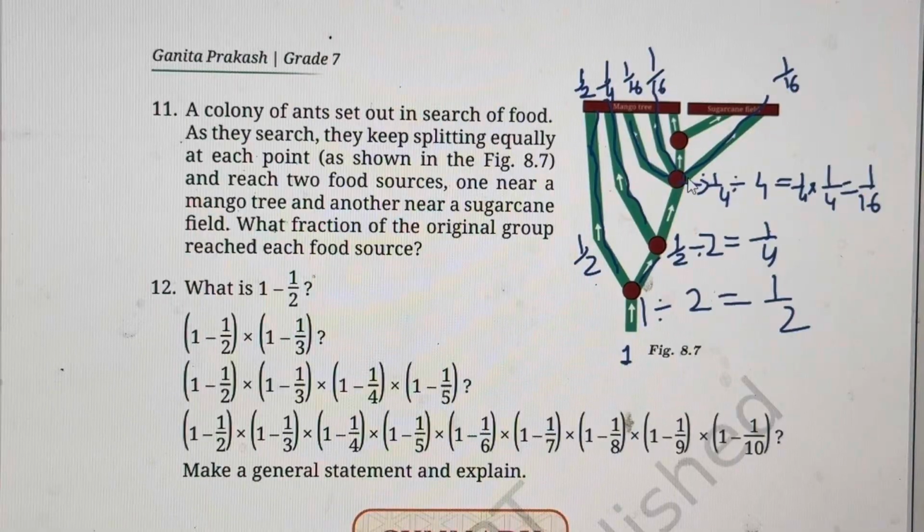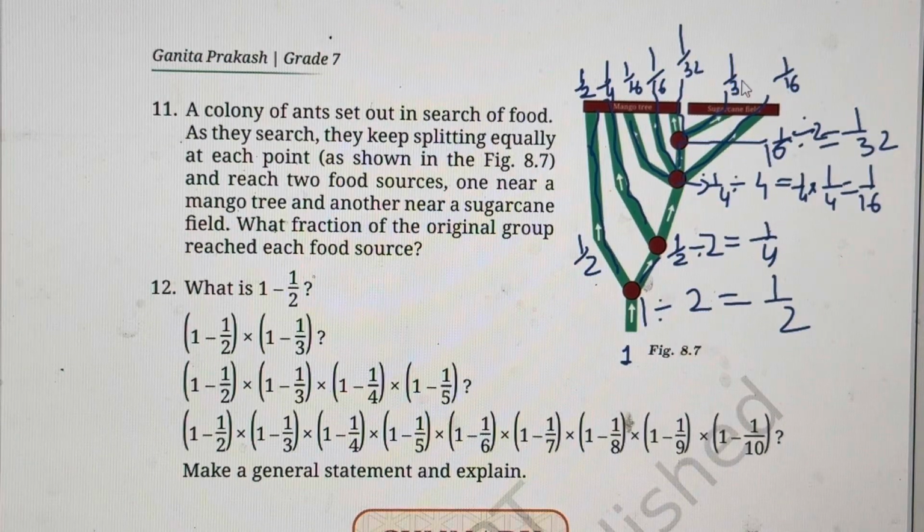Now the remaining 1/16th, it reached this point. From this point again 1 upon 16th is divided by 2, which becomes 1 upon 32. So now this 1 upon 32 out of whatever whole is there reached near the mango tree, and the remaining 1 upon 32 reached the sugarcane field.